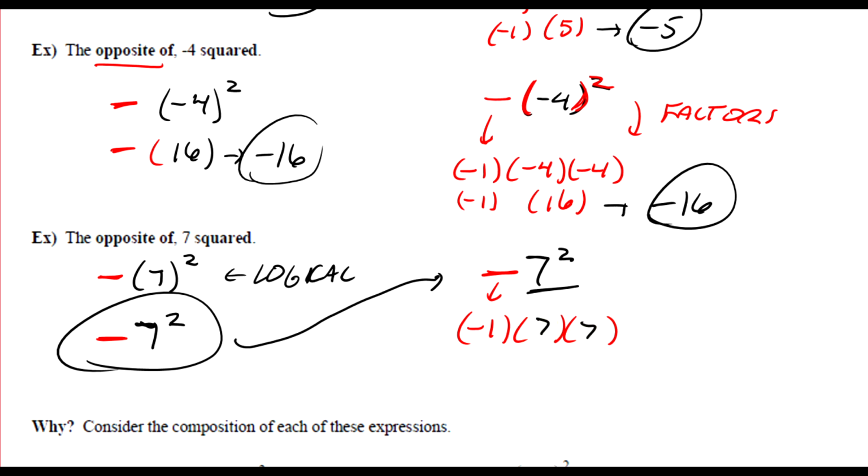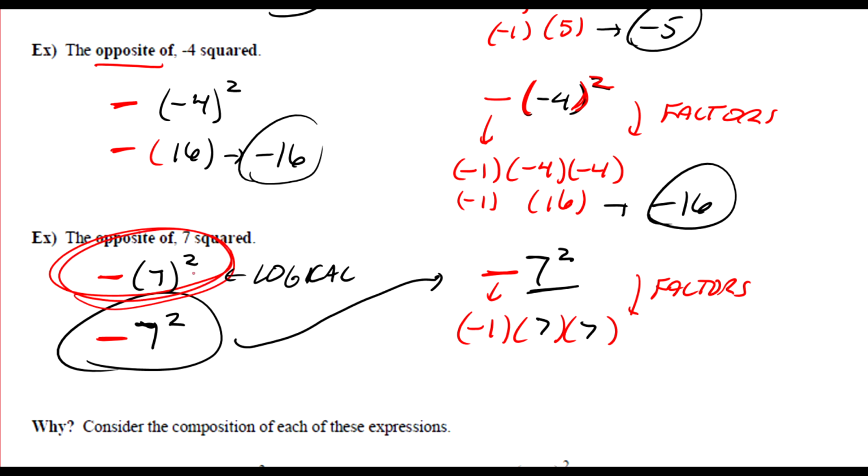So the factors in this term are negative 1, because of the negative sign outside, and then 7 squared, because the 7 is the only base, the only factor of 2. So again, this would be a logical way to see it: just use parentheses every time you have powers.